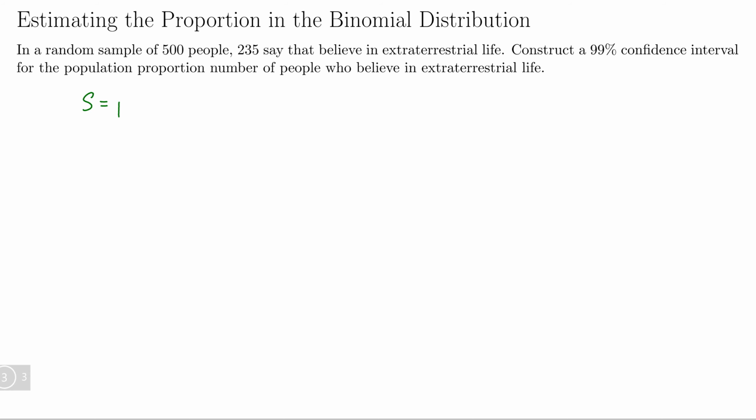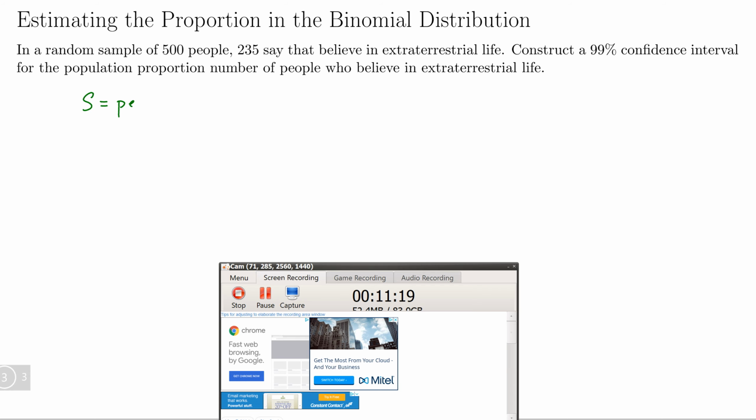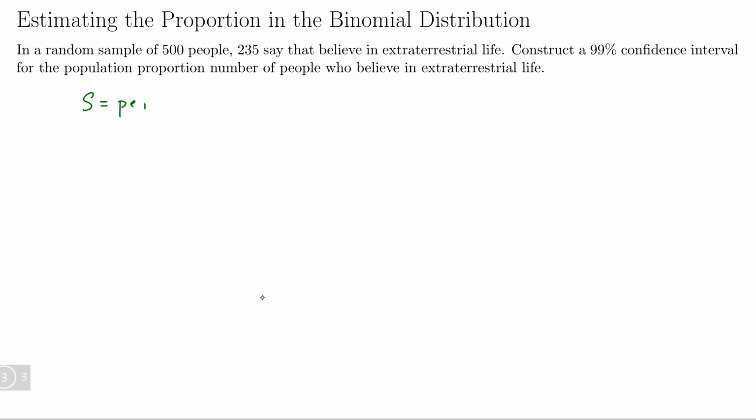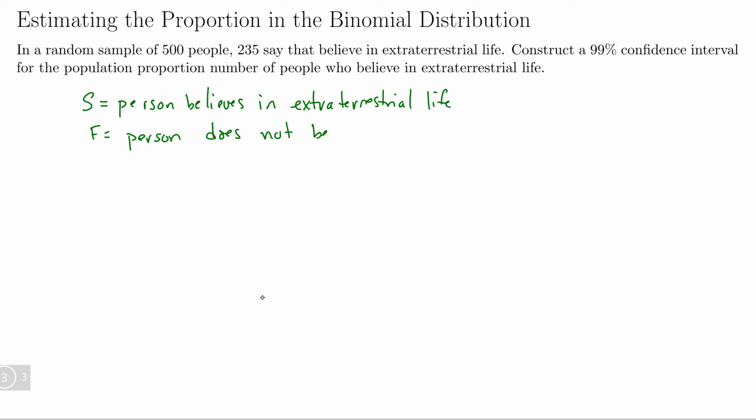In this case, we consider success the person believes in extraterrestrial life. This means failure is the person does not believe in extraterrestrial life. Now, we're not given the value of p, the probability of success, so we need to look at the sample.